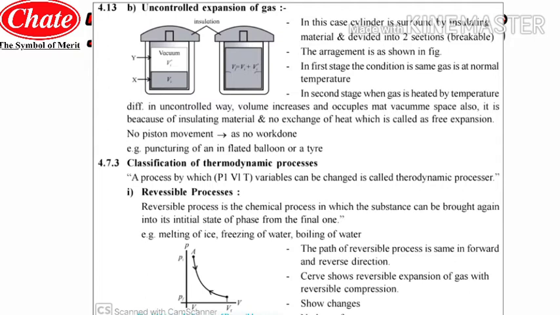So the particles will try to push that partition which has divided the cylinder into the two parts x and y. The partition is breakable, meaning the internal energy of the gases will be able to break that partition.